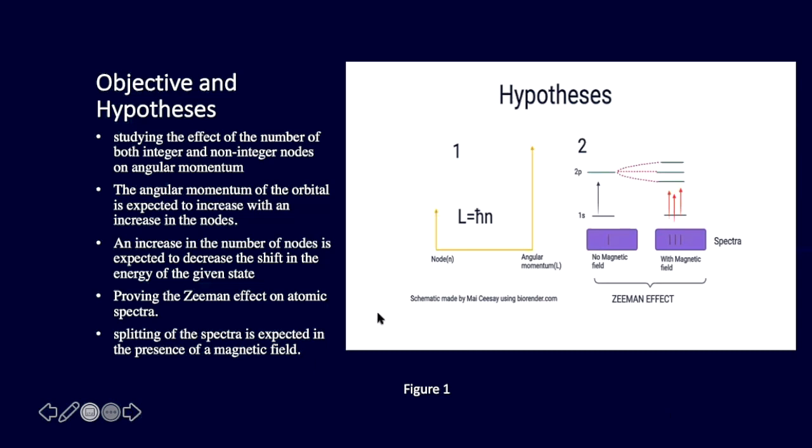An increase in the number of nodes is expected to decrease the shift in the energy of the given state. To prove the Zeeman effect on atomic spectra, we hypothesize that there will be splitting of the spectra in the presence of a magnetic field. As shown on the schematic here, it is basically giving us a visual representation of this.